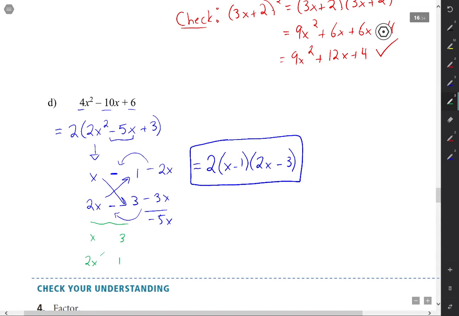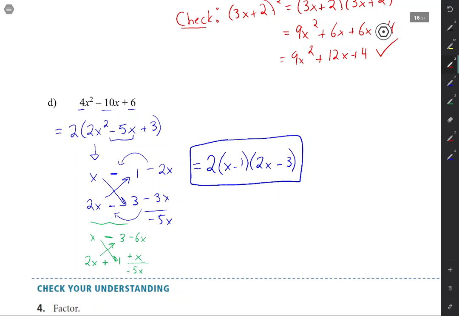So let me show you. So 2x times 3, that would give us 6x, and x times 1 gives us 1x. And I could say, okay, I need negative 5x. Cool, I could do negative 6 plus 1. That gives me negative 5x. So a negative sign goes here and a plus sign goes here. So this is one extra step that you want to take to check your answer.